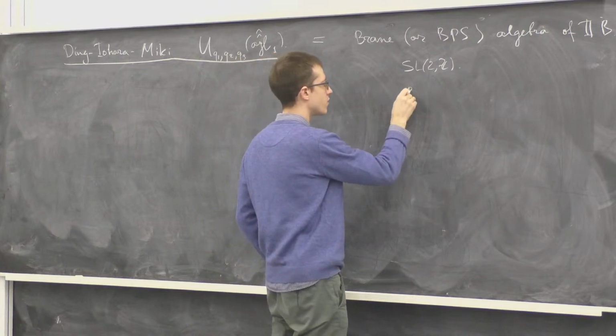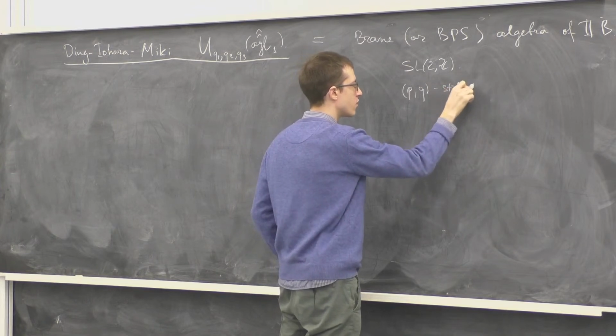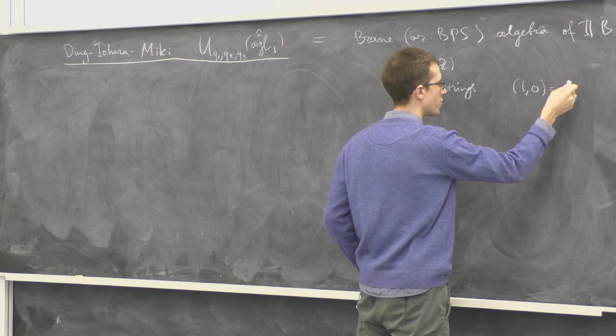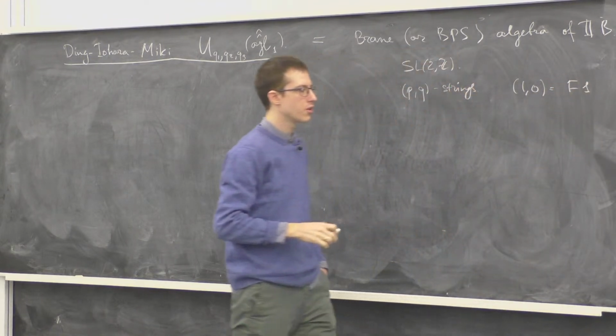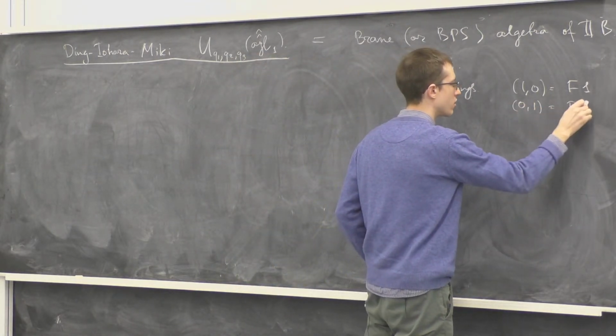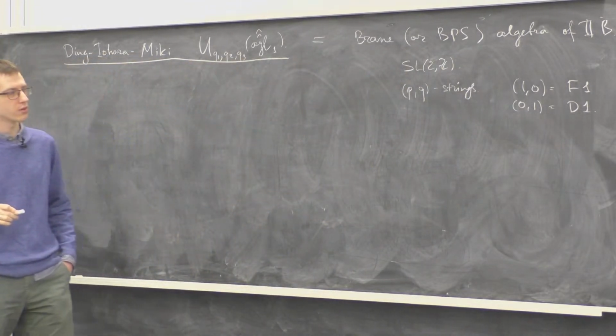So there are PQ strings. (1,0) is the fundamental string, which is also denoted by F1, and (0,1) is the D1 brane.